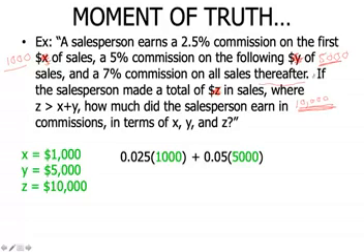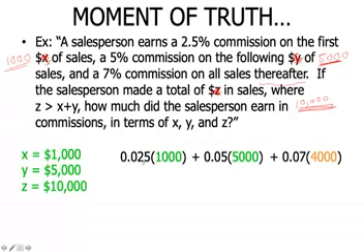Well, to get to 10,000, I sold 4,000. I sold 1,000, I sold another 5,000 for a total of 6,000, and then I need to make 10,000, so that's another 4,000. So it's going to be 7% of 4,000. If you mess that up, that will do you in.